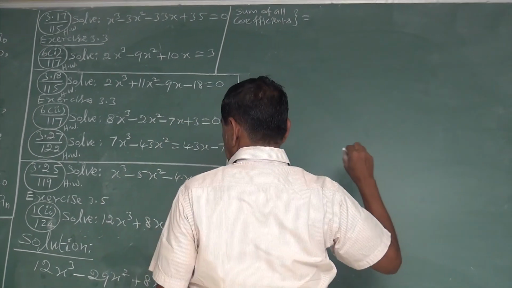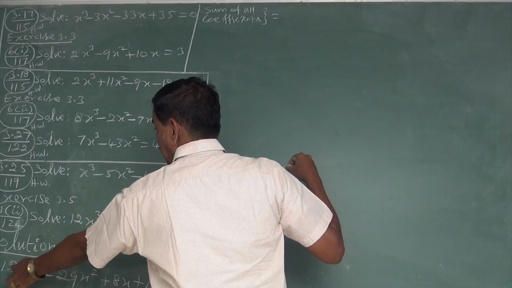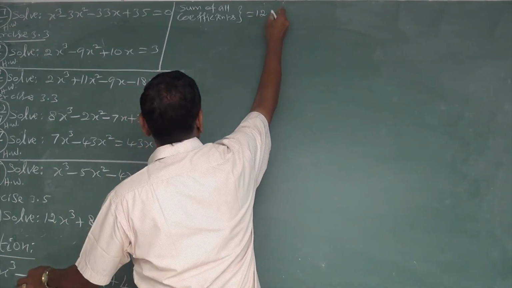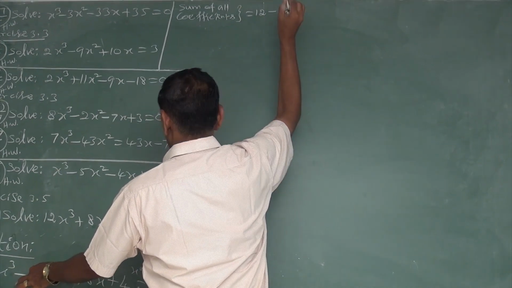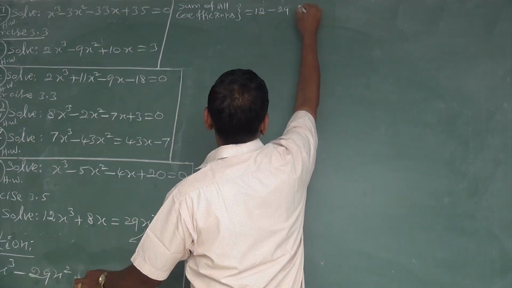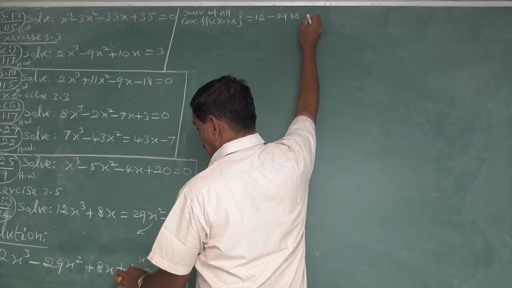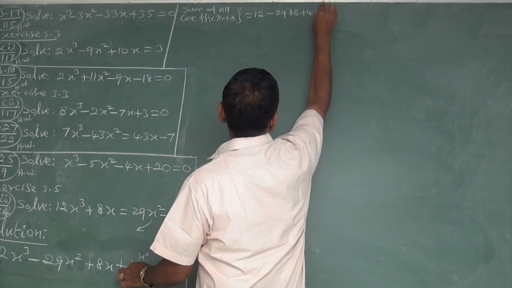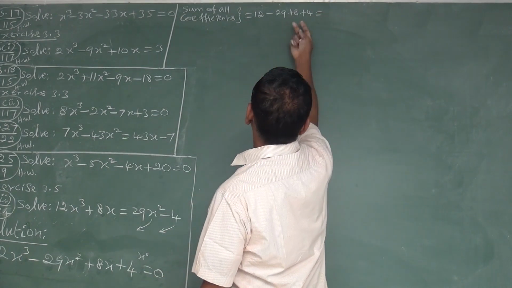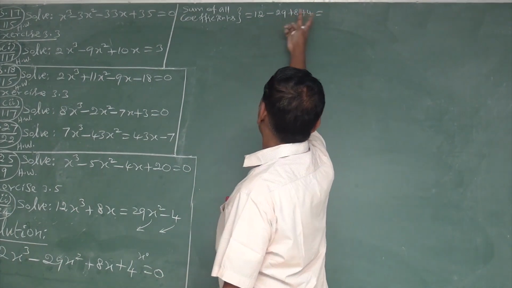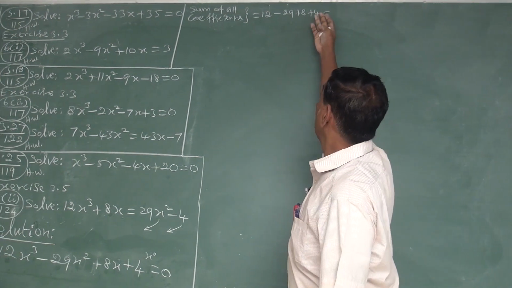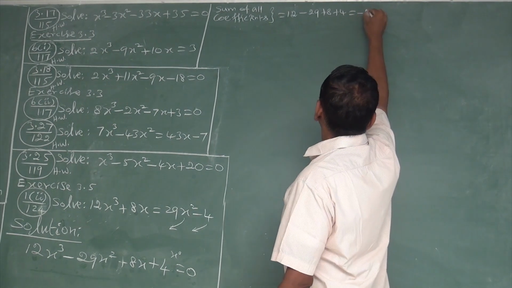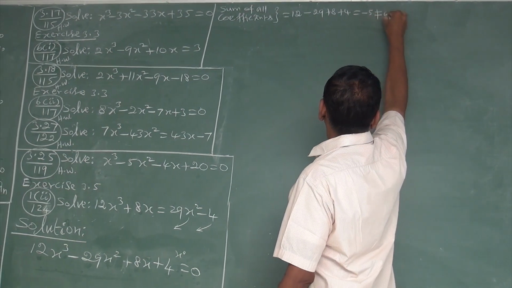Sum of all coefficients is equal to, here x cube coefficient is 12, x square coefficient minus 29, x coefficient plus 8, and constant term, that is x power 0 coefficient, is plus 4. Which is equal to, already we calculated, 12 plus 8 is 20, 20 plus 4 is 24. 24 minus 29 equal to minus 5. Which is minus 5, not equal to 0.